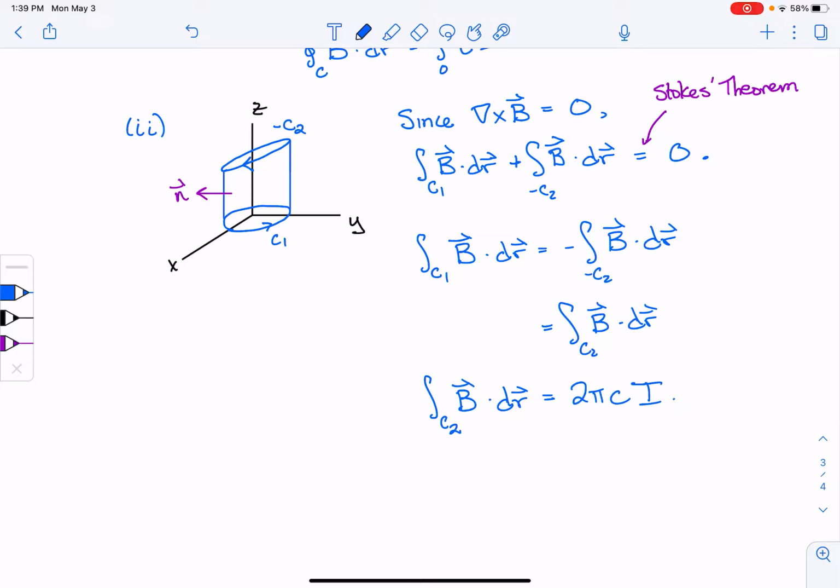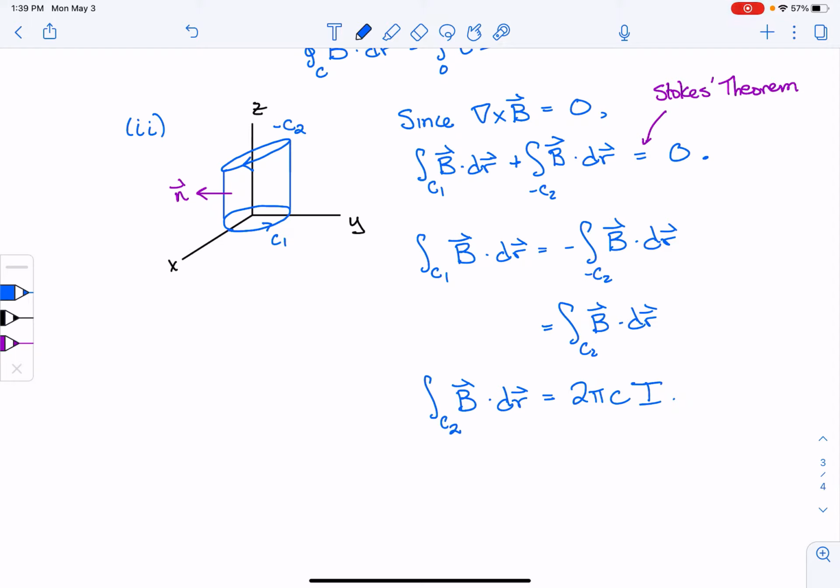And so that's kind of cool. We had this integral around the ellipse, which was possibly difficult to compute, but by Stokes' theorem, we can see that it's the same as the integral around, say, the base of that cylinder.